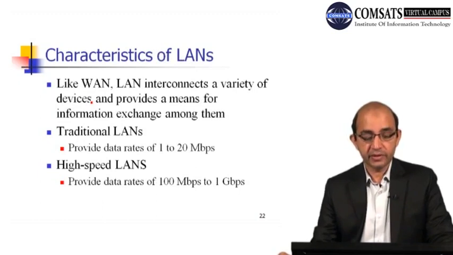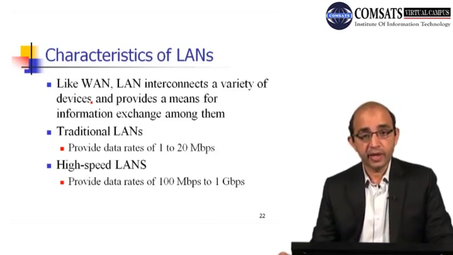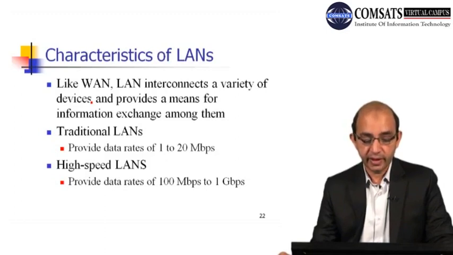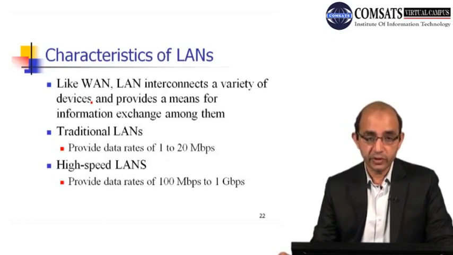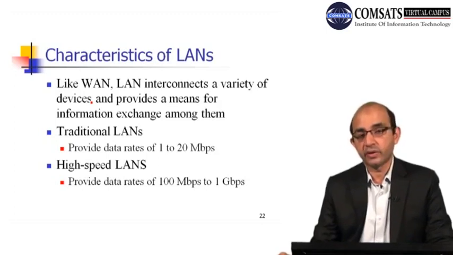So here we have the characteristics of LANs, like WAN and LANs, local area networks. The devices are interconnected in order to provide services, and we can also have low speed or low data rate LAN and high speed data rate LAN.